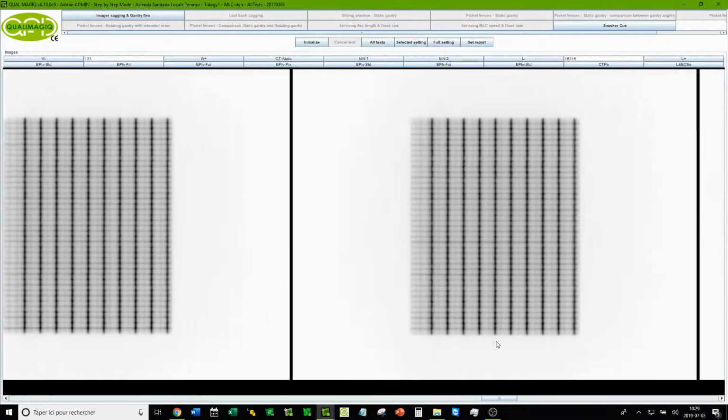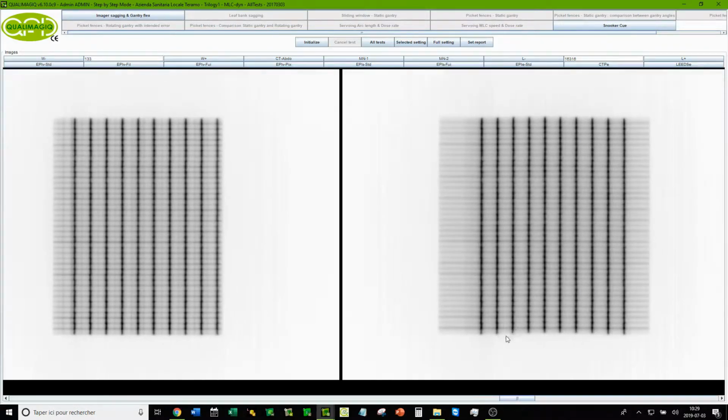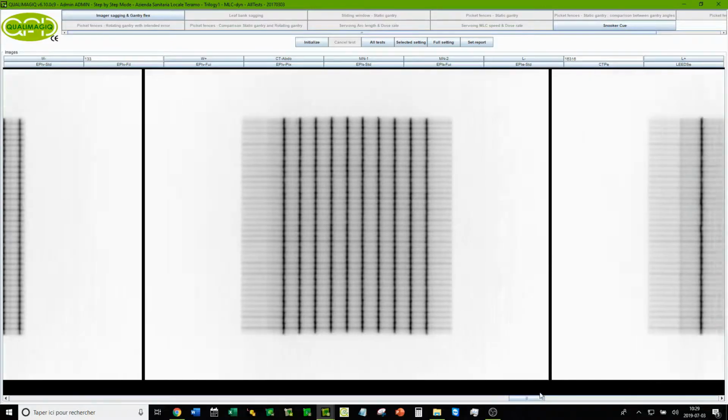Thus 3,200 results, with an additional 800 results with a rotating gantry, requiring the software to analyze 4,000 results with 2 mouse clicks. The following test is exactly the same.